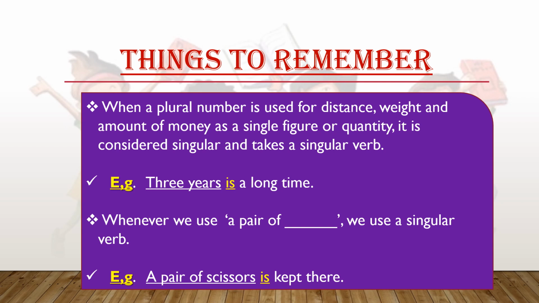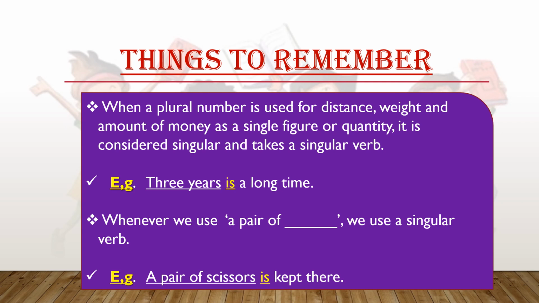Whenever we use a pair of scissors, a pair of jeans, a pair of socks, whenever we use these words, a pair of, we use a singular verb with them. Because we use this "a pair of" to denote two things, but they are not separable.